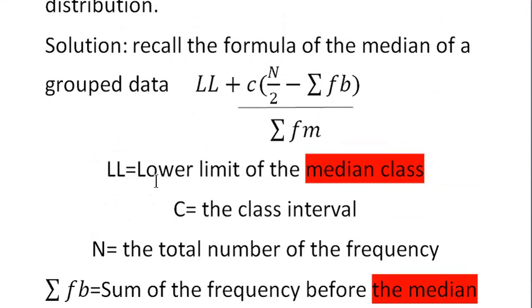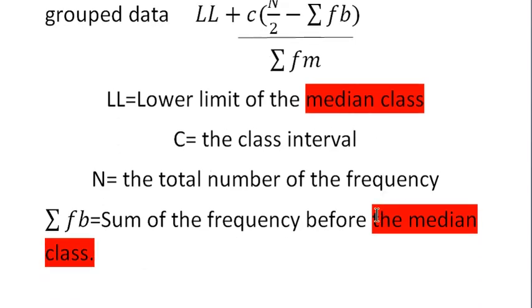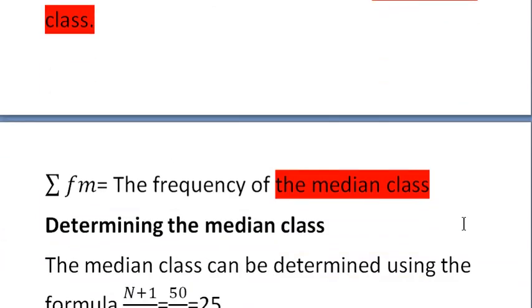We trace them up. Lower limit of the median class, C, which is the class interval, we shall trace it from the table. N, the total number of frequencies already given to us. Sigma FB is the sum of the frequency before the median class.